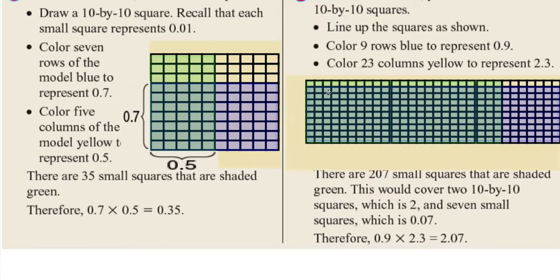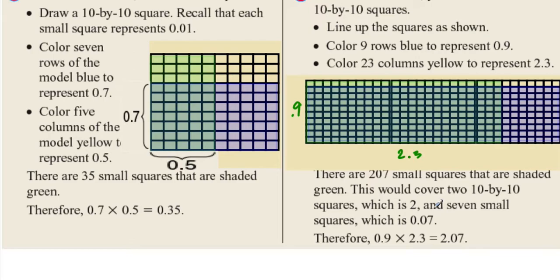This is your 0.9, and this is your 2.3. If we count the number of squares that are shaded green, meaning where they both overlap, it would be 207 small squares that are shaded.